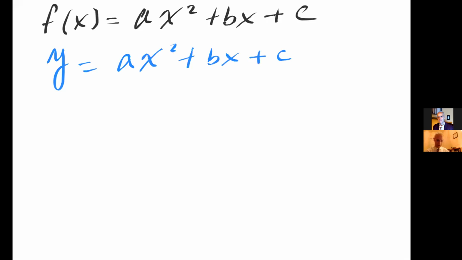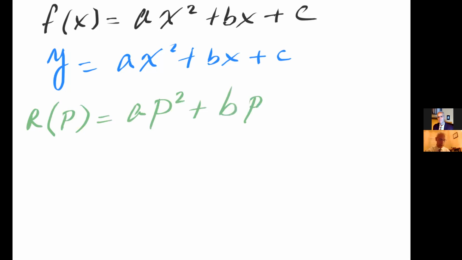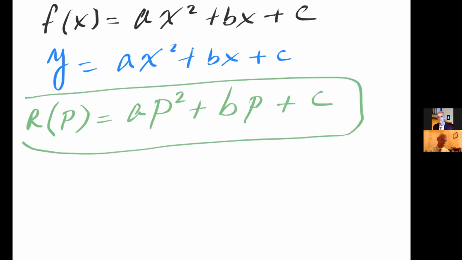And of course, in this case, we are talking about revenue being a function of price. So I can say that revenue as a function of price equals some a p to the second plus some b times p plus c. And so let's work with this.